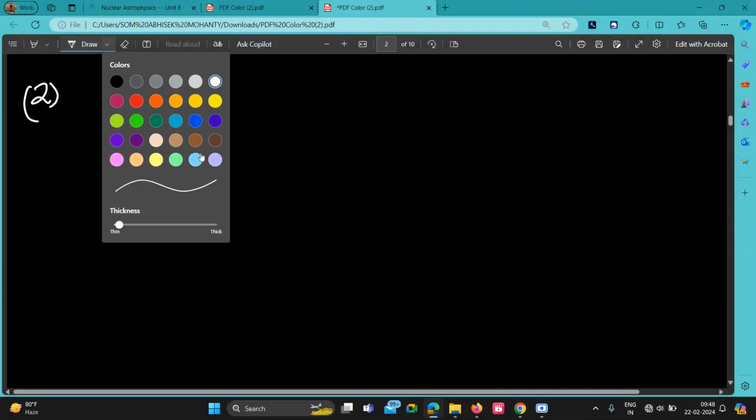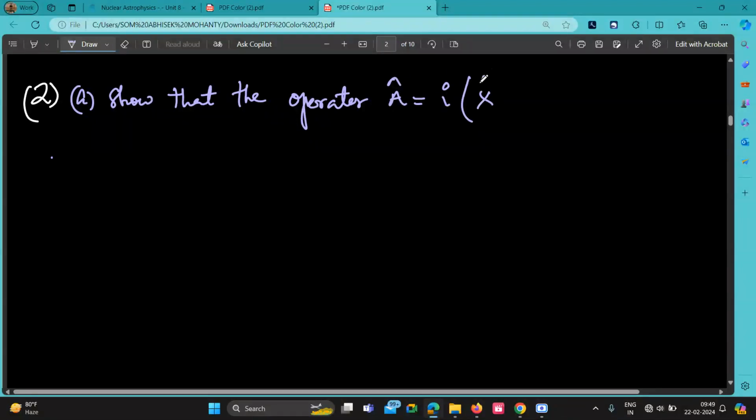Next question. Question number 2. So that the operator A is equal to (i x² + 1) d/dx + i x is Hermitian.